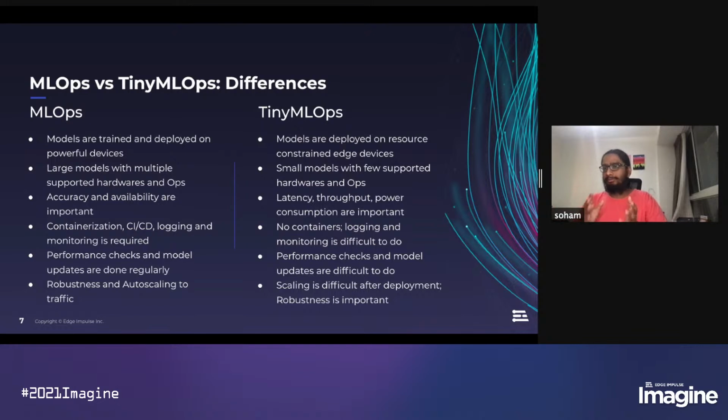Also, in the case of MLOps, the more important things are the accuracy of your model as well as availability. Availability is how often the model goes down or is not available to make a prediction. But these are really not issues for TinyML.